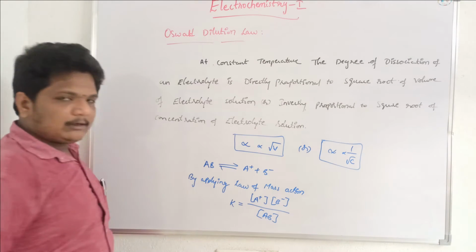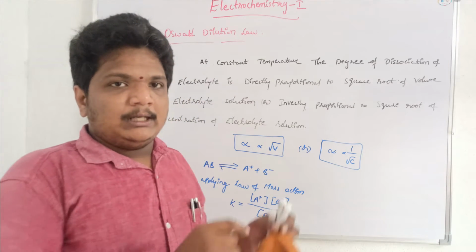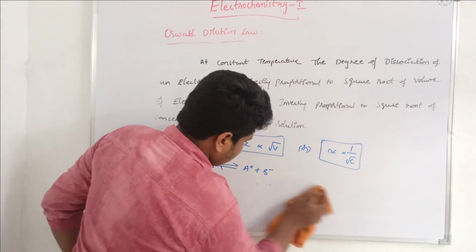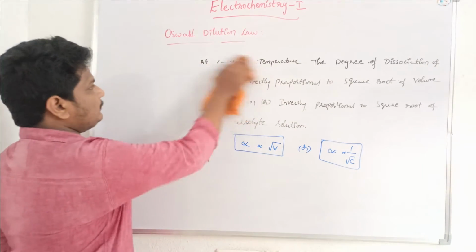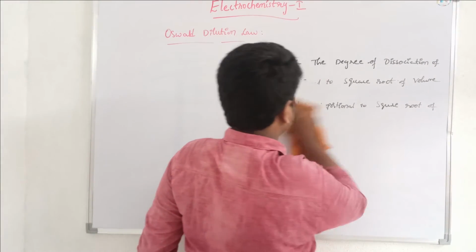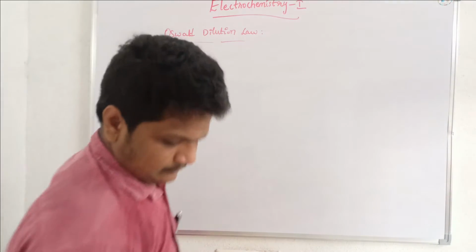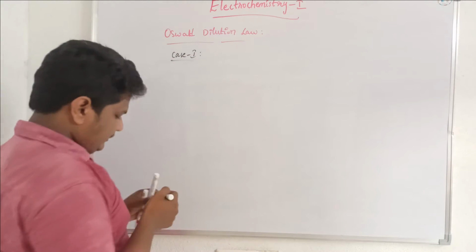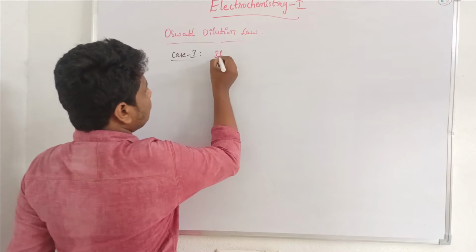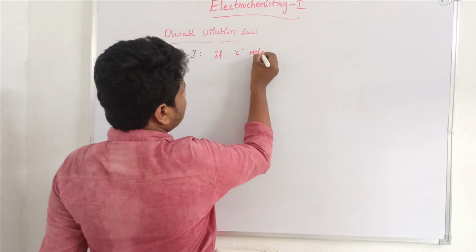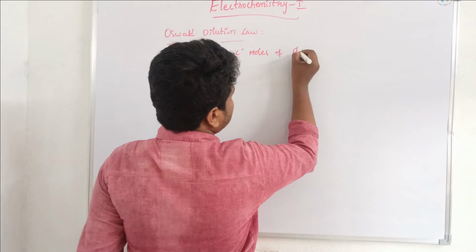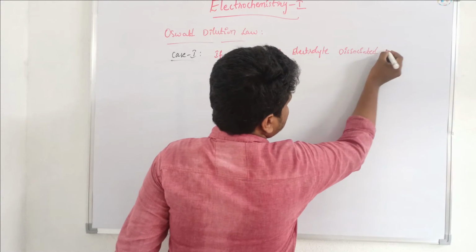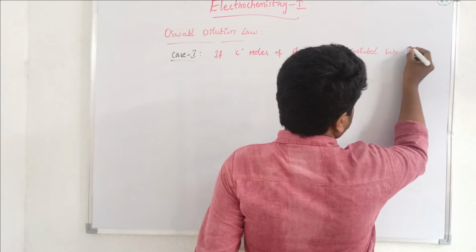Suppose we take C moles of electrolyte, and it dissociates into ions.